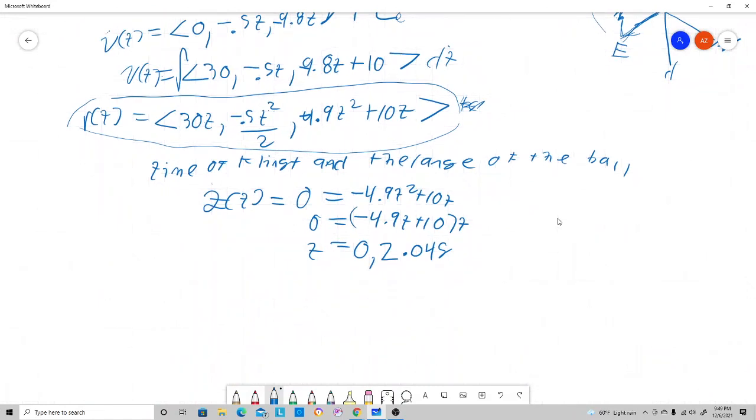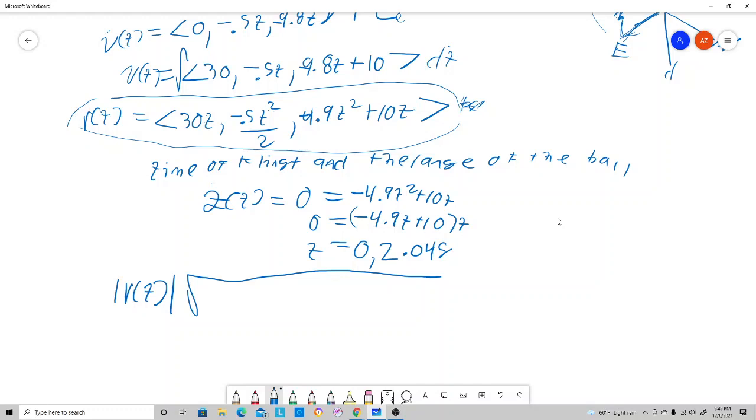So how do we find the magnitude? Well, remember, it's just the distance. So r of t, and because we know the maximum time, all we have to do is plug this time into the t's and do it from there.